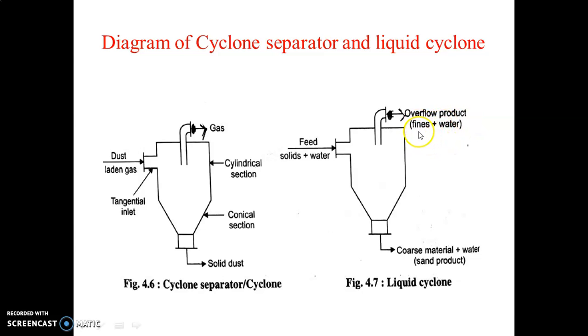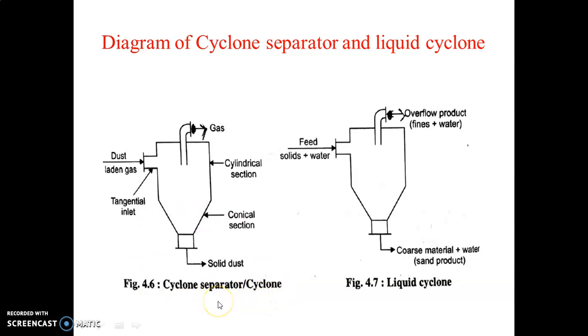So fine material plus water is collected from here, and the coarse material plus water is collected from here. So this is called a liquid cyclone, or the gas cyclone.